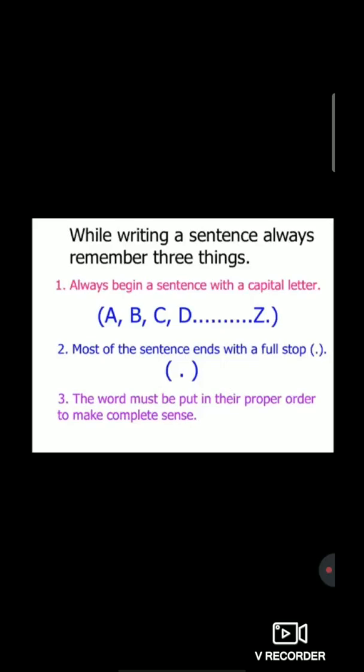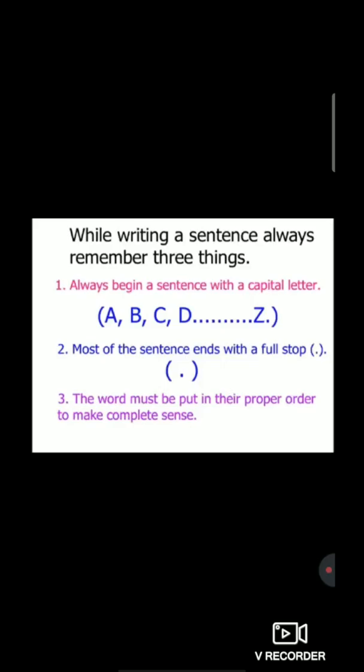Now let's see the second point. Most sentences end with a full stop. Students, does everyone know the full stop mark? Yes, I explained it in punctuation, right? In a previous lecture in the grammar part, I explained punctuation.